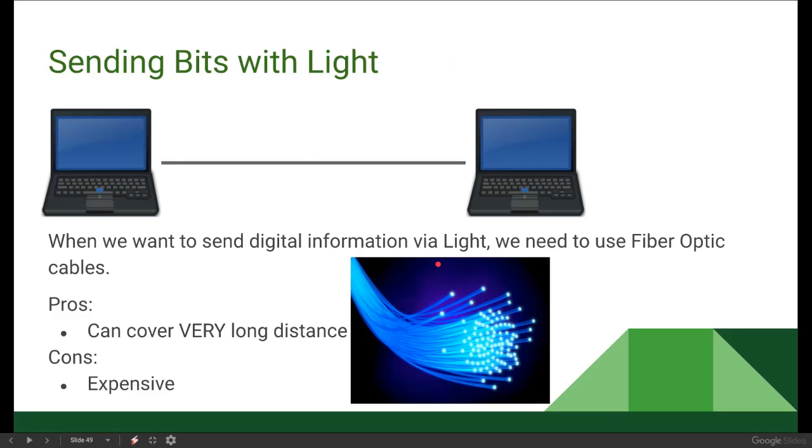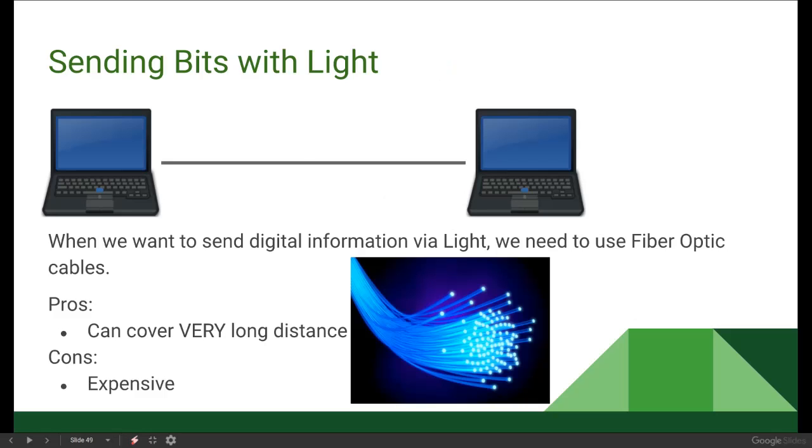If we want to send bits with light, then we're going to use fiber optic cables, which are used by internet service providers to actually connect everything. Fiber optic is really good at transmitting information for a very, very long distance.